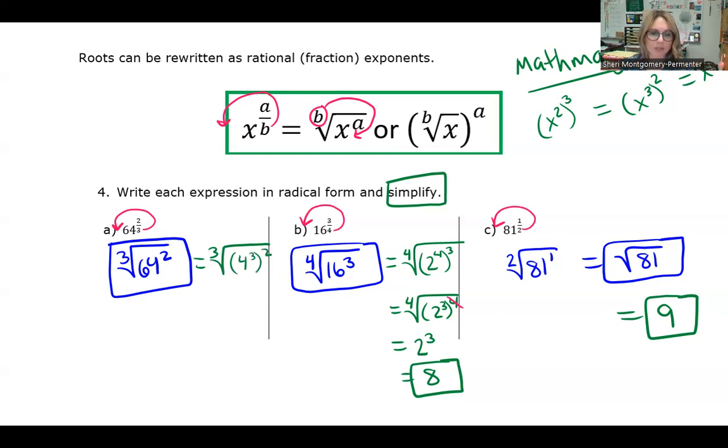And guess what? I'm going to do some more math magic where I can switch the place of those exponents. So that's the same thing as 4 squared to the third power. And guess what? The cube will cancel and I can rewrite it out into the front. So it equals 4 squared. What is 4 squared? Yep.